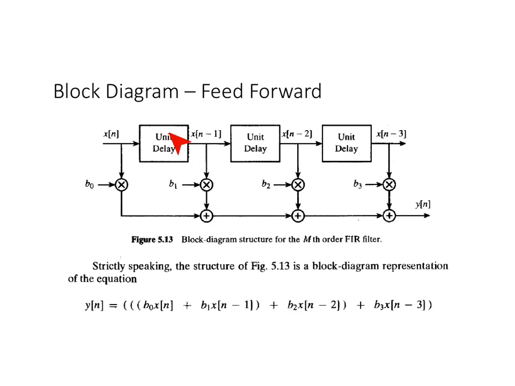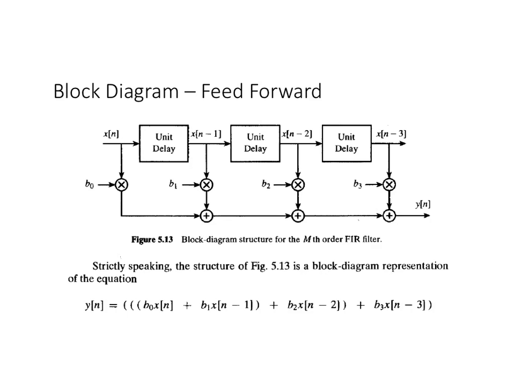This line running across here is a delay line, and there are places where we are tapping into the delay line and grabbing values from the computational sequence at those points. And so this is called a tapped delay line. We're tapping in at certain delays and grabbing those values and doing something with them. We are multiplying them by coefficients, the b sub k's, and then we are adding those outputs together.